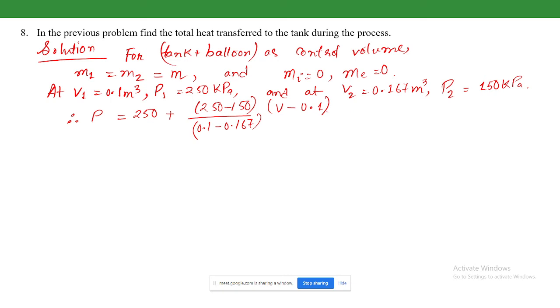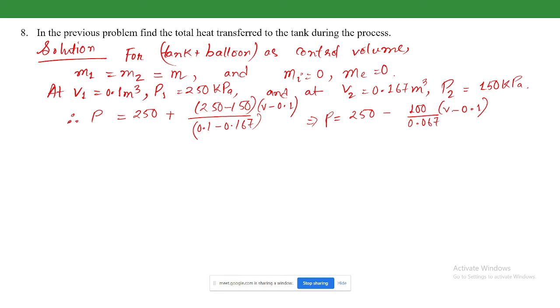So this value comes out to be 250 minus 100 by 0.067 into V minus 0.1. This also satisfies the equation. Let me write it as, implies P is equal to.